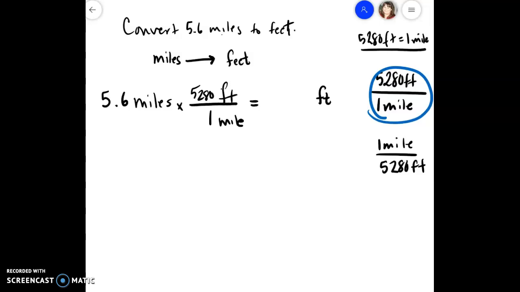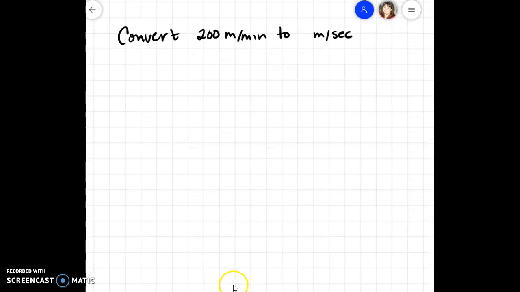Now, the miles will divide out when I multiply these together, and I'll be left with 5.6 times 5,280. So there are 29,568 feet in 5.6 miles. So let's take a look at this next problem.